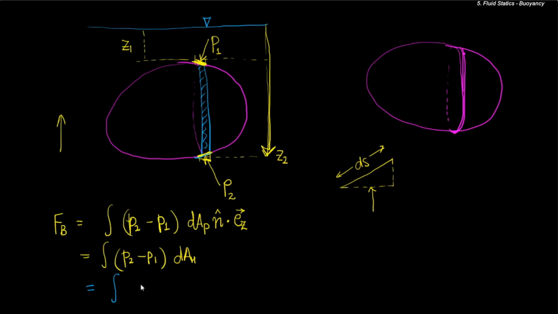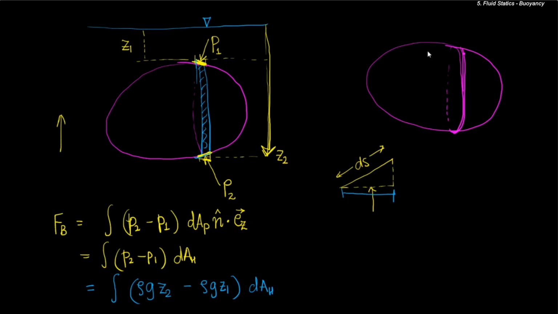P2 will be rho g Z2 and P1 will be rho g Z1, and this we have to multiply with dAH, that is this projection, which is going to be equal for both the areas because we have chosen a given strip.